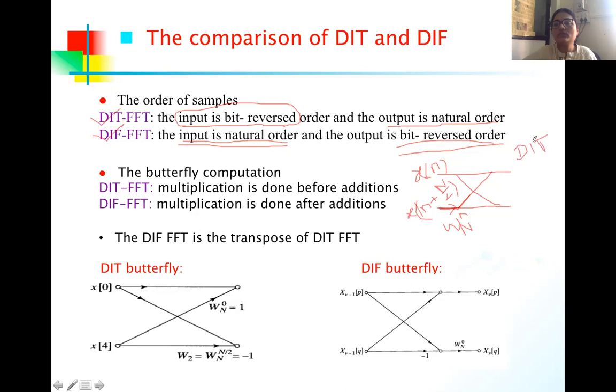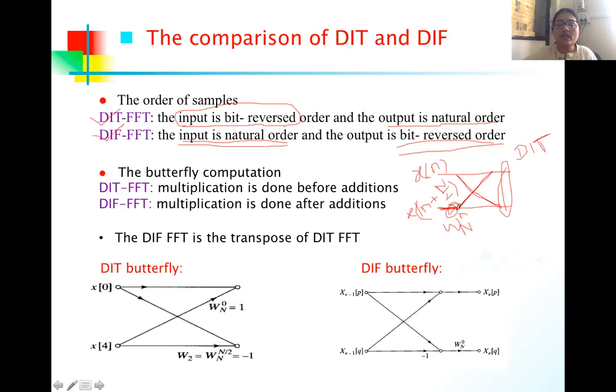If you look at the DIT algorithm properly, what is the observation? We perform multiplication first. The complex multiplication takes place first, and then the additions and subtractions take place. So 2 complex additions and 1 complex multiplication are required. In the DIT algorithm, complex multiplication is carried out first and then complex additions are performed.